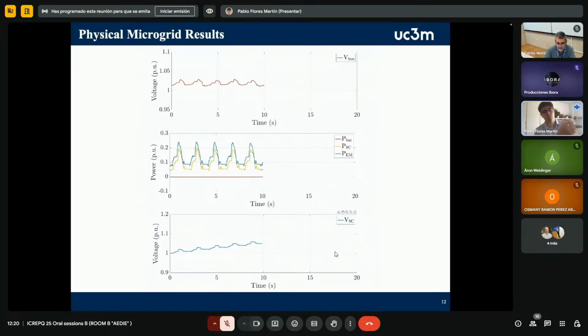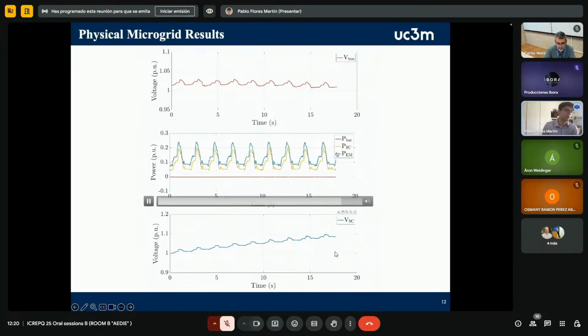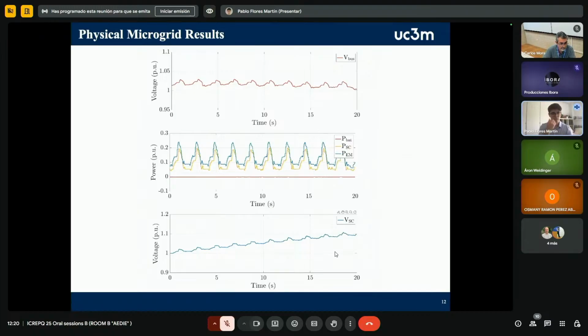In the simulation, it was set to 50 milliseconds, and it was shown in the actual testing that it was closer to 100 milliseconds, and this caused the boost voltage oscillations to be higher than in simulation, although they were kept within the activation thresholds of the battery at all times.